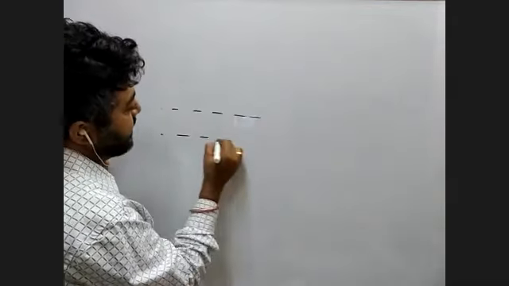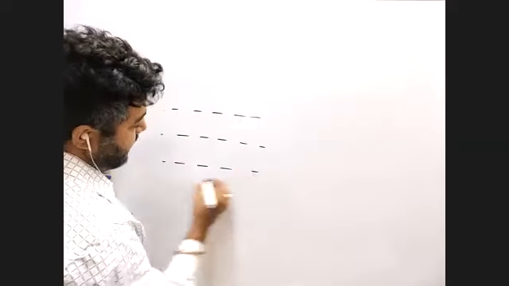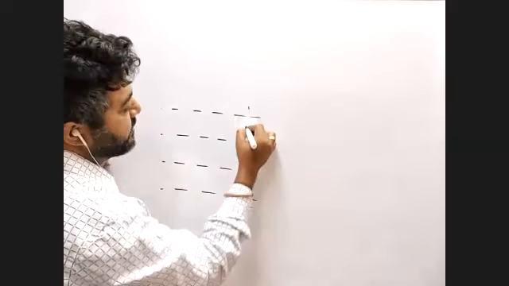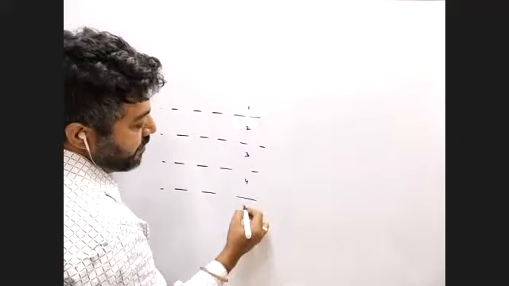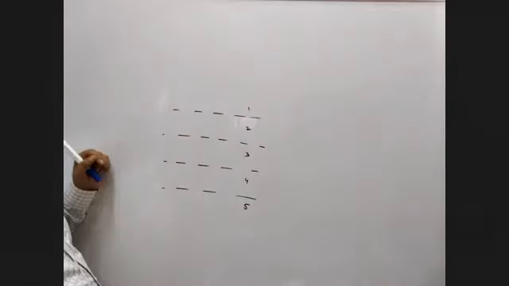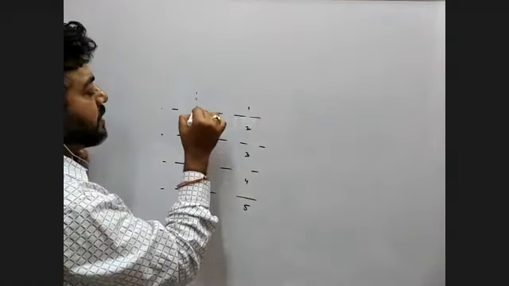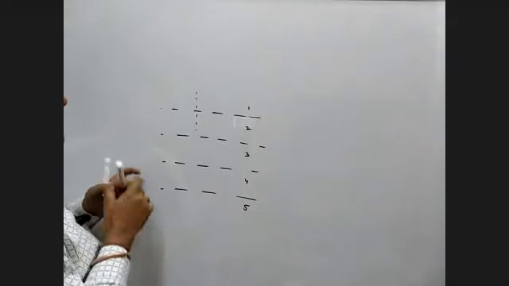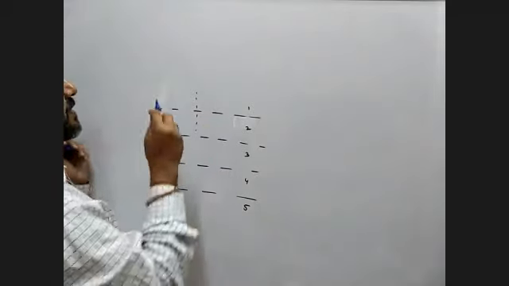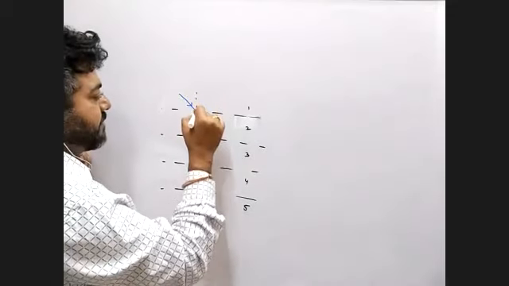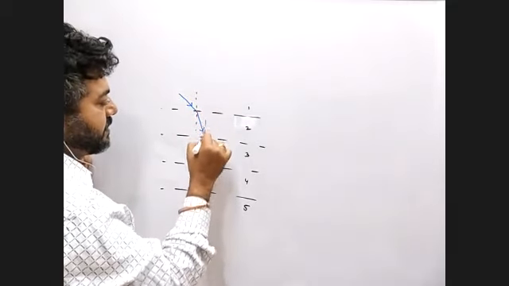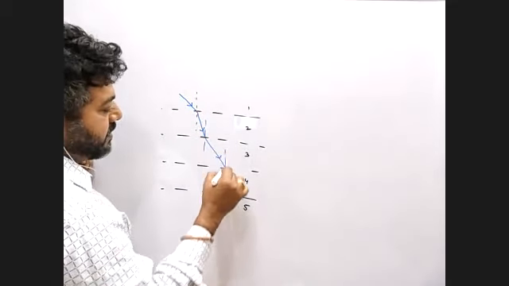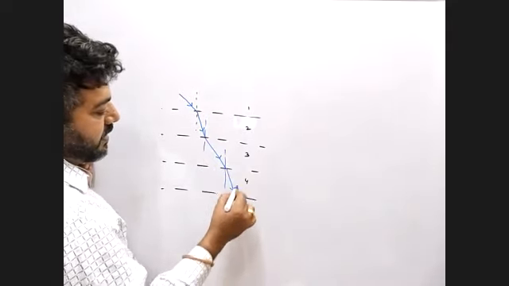Now suppose we have so many media, like first medium, second medium, third medium, fourth medium, and fifth medium. Suppose this is the first medium. Light travels from one medium to another, then this one, then this one, and then this one.